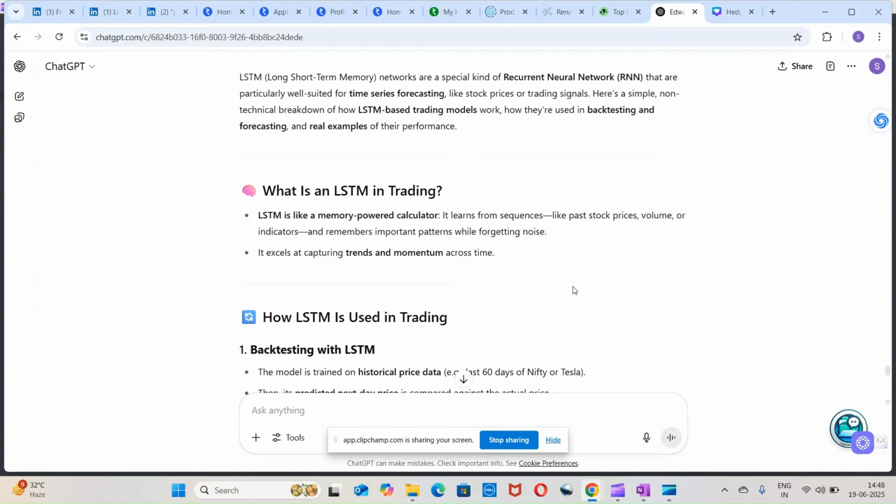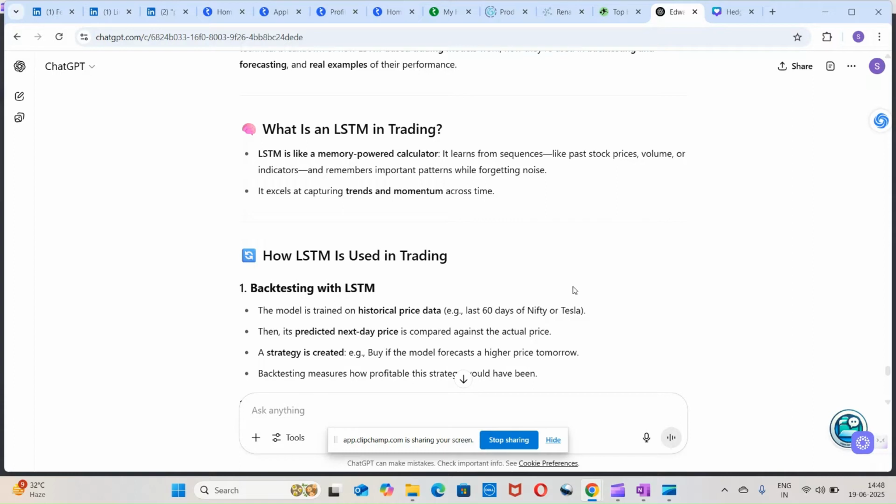If you give it past data, like stock price data, volume data, or indicator data, it remembers important patterns from that data and forgets the noise. It excels at capturing trends and momentum across time.